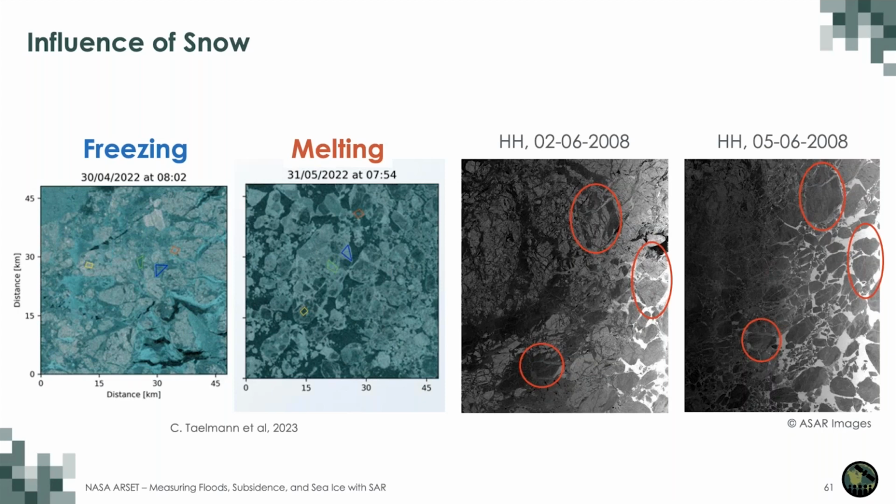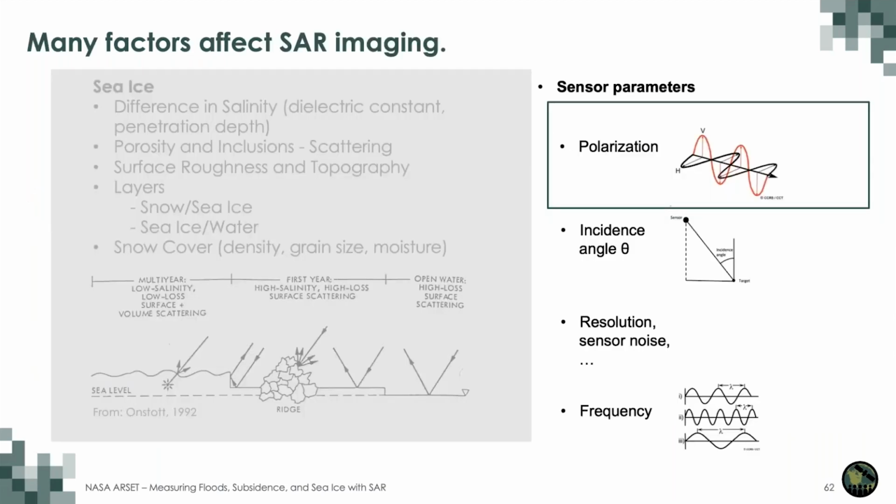Between the freezing conditions and the melting conditions, we start seeing the water rather than the snow or the ice underneath. And on the right, you can also see two images very close in time, but here the radar signature changes and indicated the surface has gotten wet. So all of these things we need to consider and how the sea ice affects the SAR imaging.